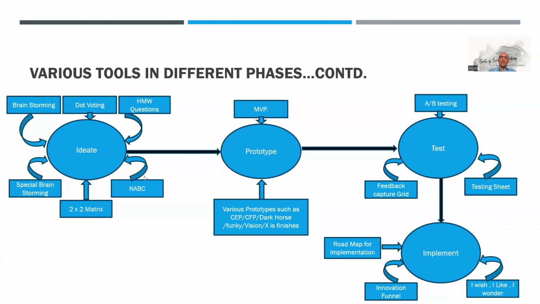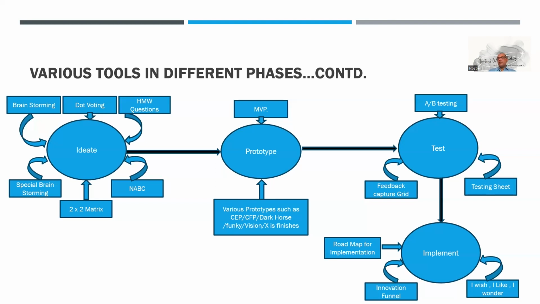Now prototype, MVP. It is the minimum viability that is required to come up with and share with the stakeholders for their review and feedback. We discussed just some time back that there are different phases of prototypes, like CP, CFP, dark horse, funky, vision, X is finish.